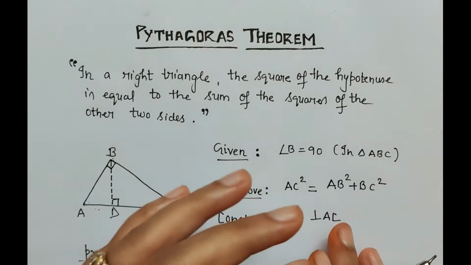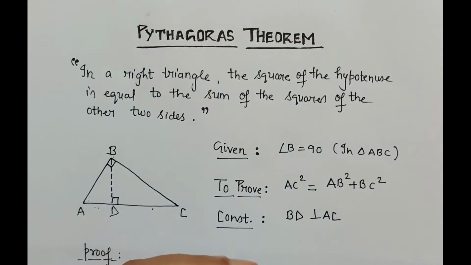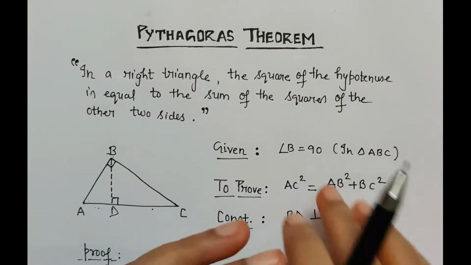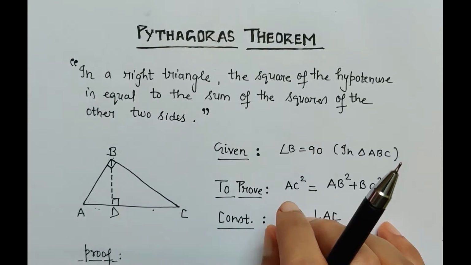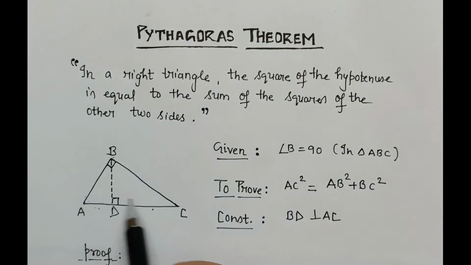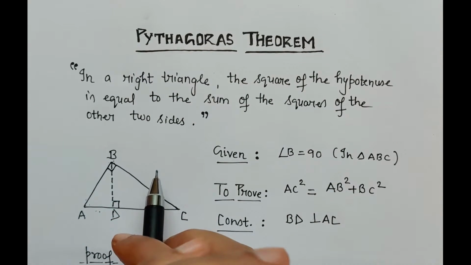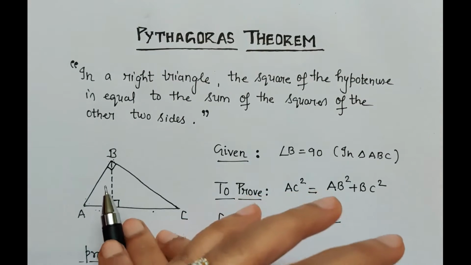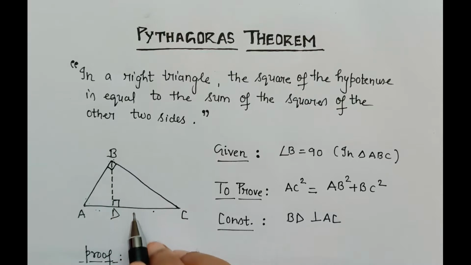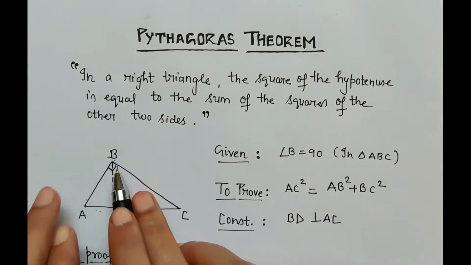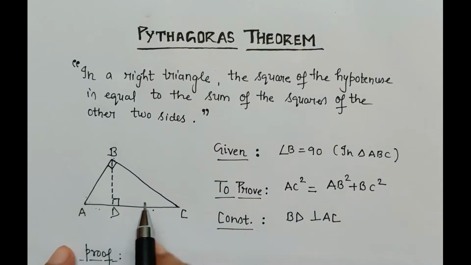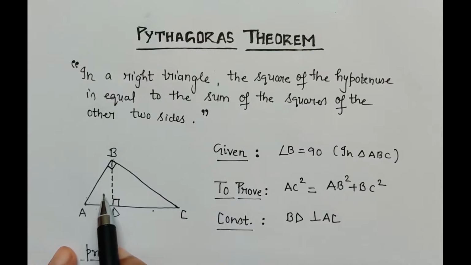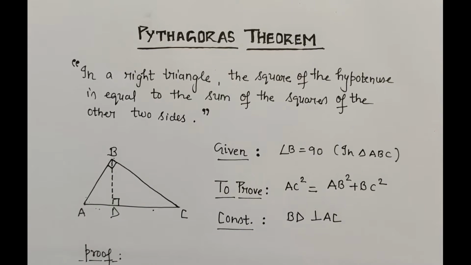For its proof we will be using one of the theorems given in the textbook, which states that in a right triangle, if a perpendicular falls from the right angle, then the triangles which it divides are similar to each other, and the bigger triangle is also similar to them.